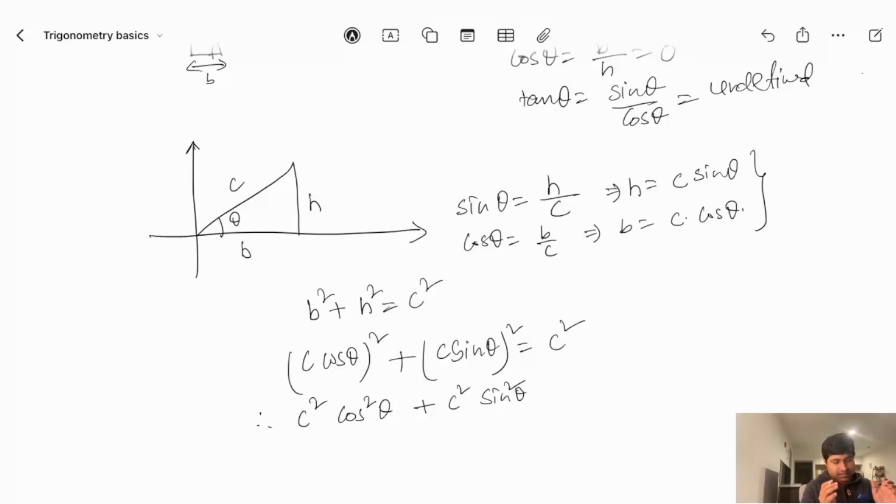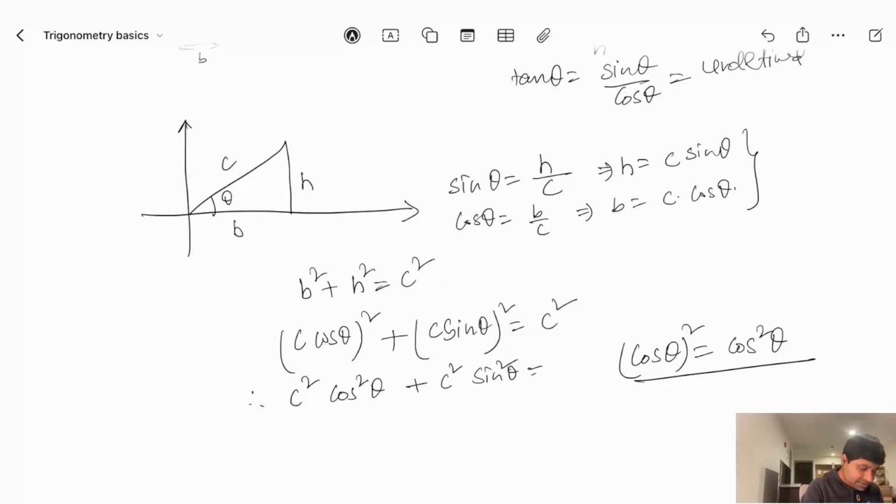For your understanding, this is c square. If I take c square common, what we get is c square times sine square plus cos square, equal to c square.